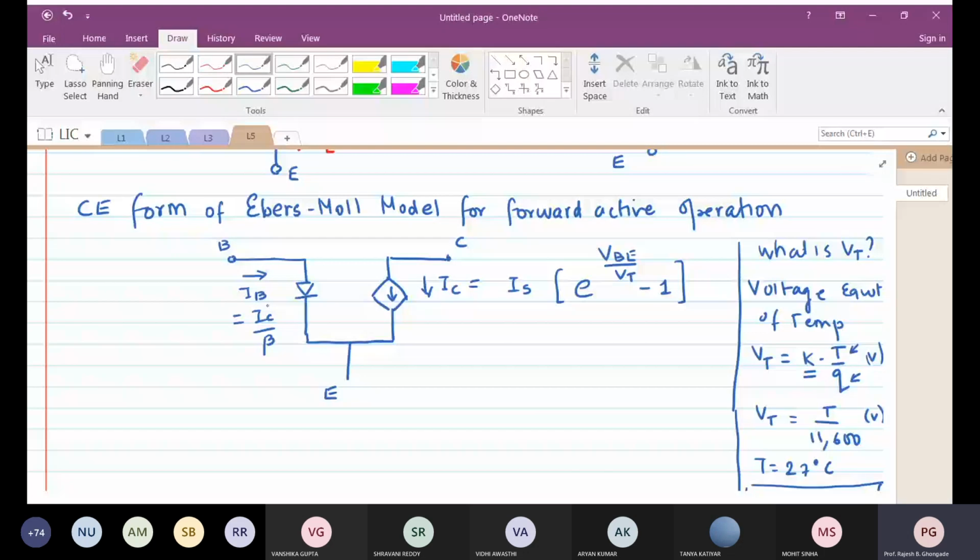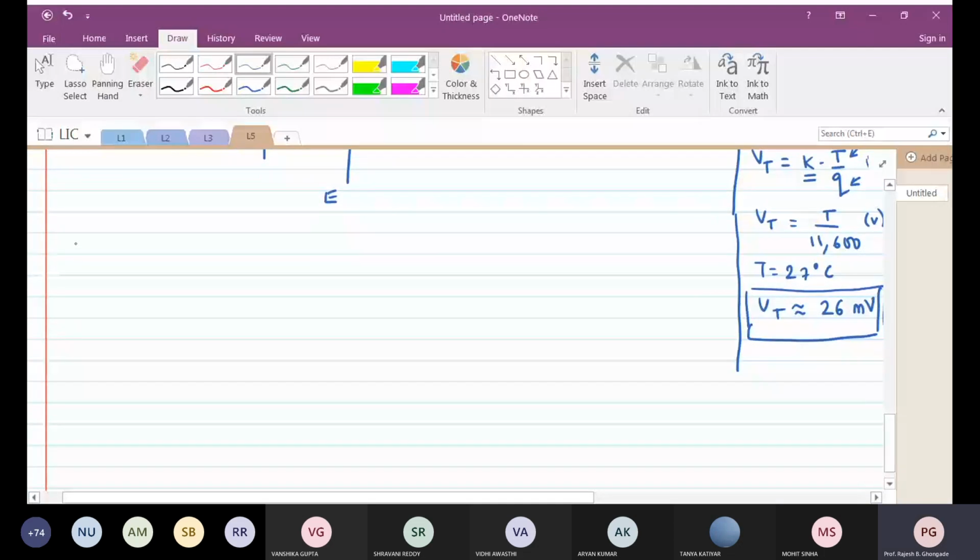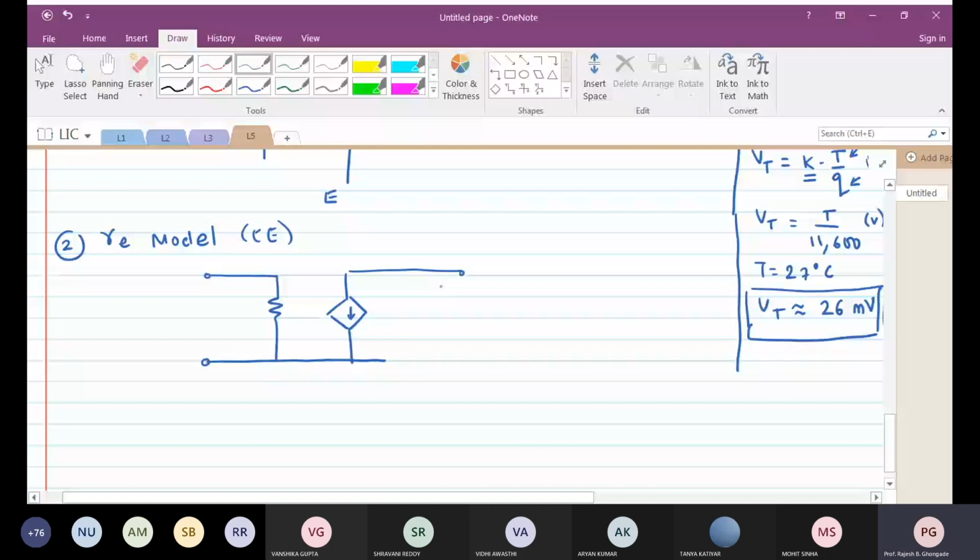Now there are other types of models also. Just for your information, I'm going to put down another type of model which is called the re model. This is for common emitter, of course. So it looks like this. This is going to be the base. This is going to be the emitter.